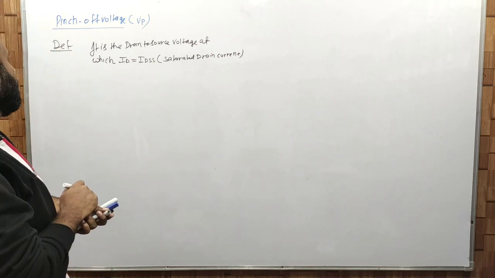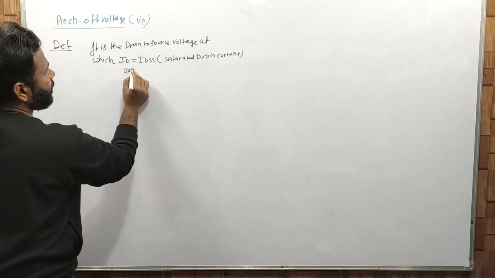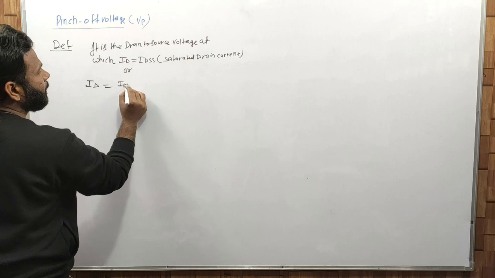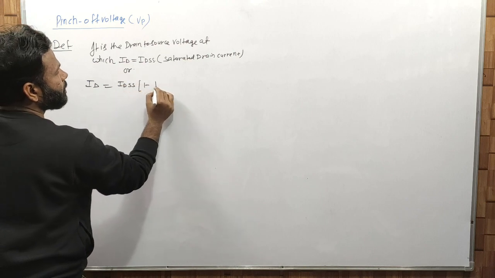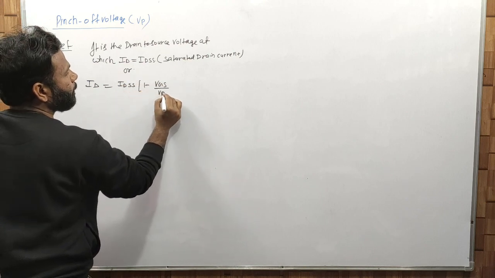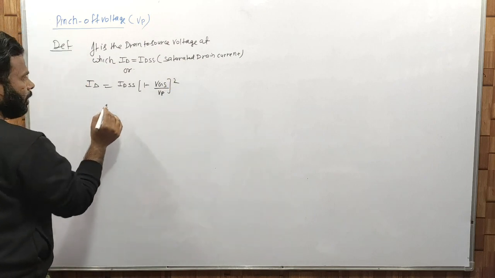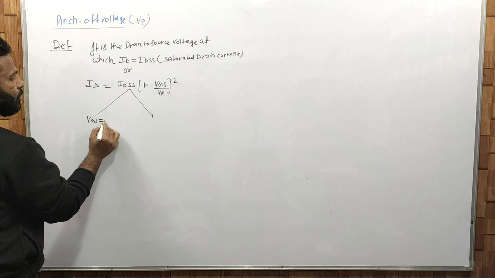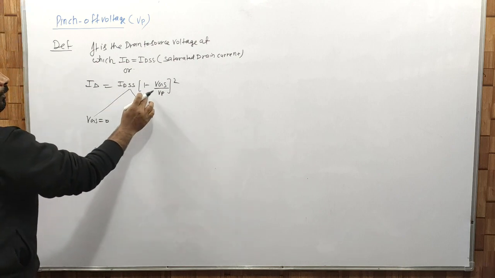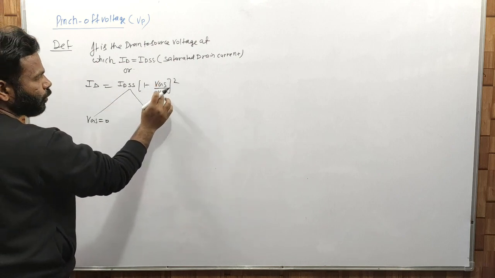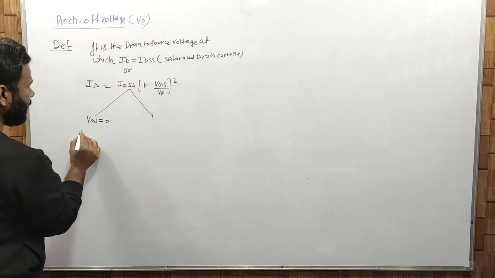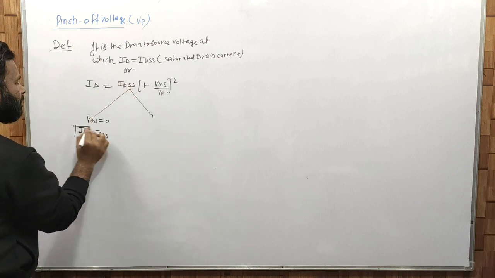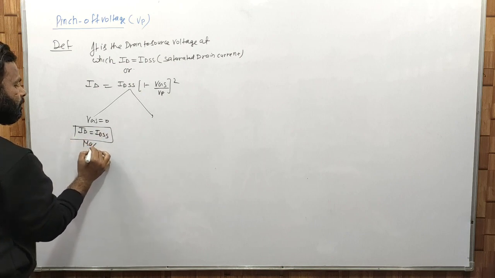Then the second definition: if you have the Shockley equation, that is ID equals IDSS times (1 minus VGS upon VP) whole squared. Now we have two conditions here. When VGS is 0, then 0 by VP is 0, so it is only IDSS, so ID equals IDSS, and this is the maximum value of the current.